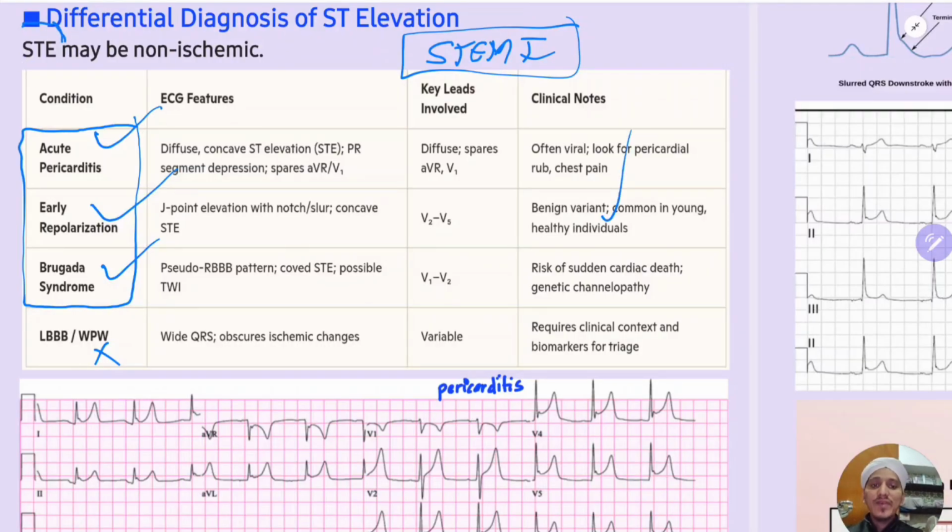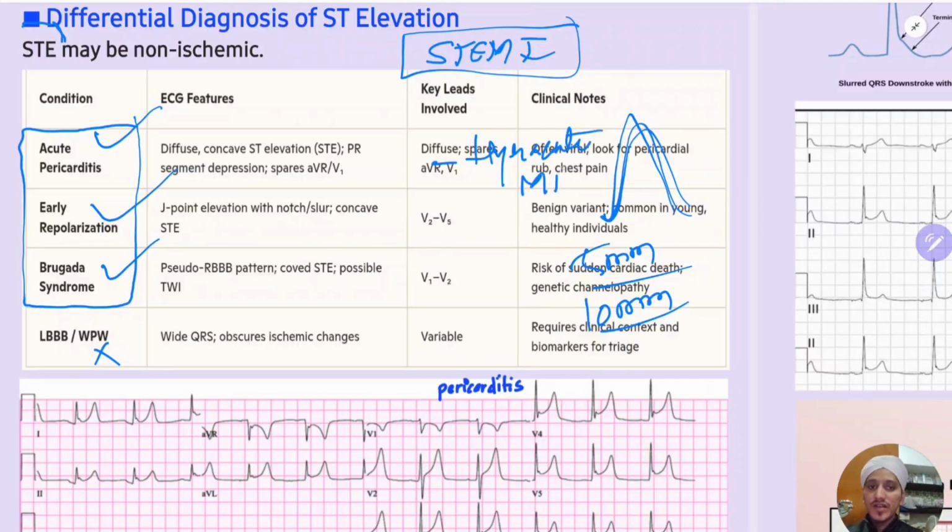And one more thing was there, hyperacute T waves. I discussed in the topic of T waves. If the T waves are hyperacute, very much peaked T waves, more than 5 amplitude in limb leads and 10 amplitudes in chest leads, they are called hyperacute T waves. So what is the differential diagnosis of hyperacute T waves? Number one is hyperacute MI. Just to revise, hyperacute MI.